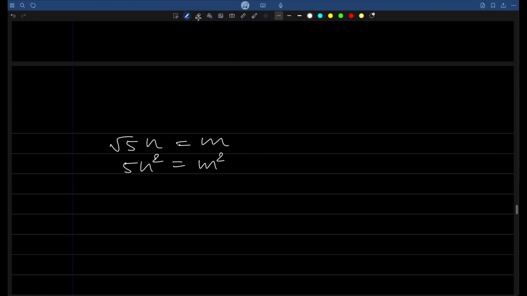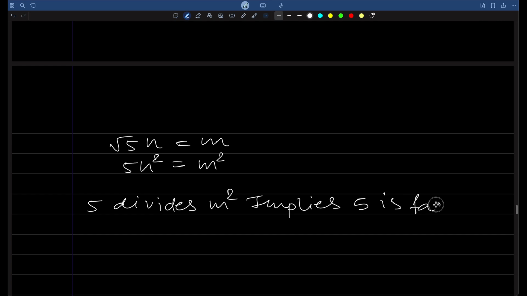Now if we see here, m and n are co-prime numbers, but 5 divides m square. This means that 5 is a factor of m square.